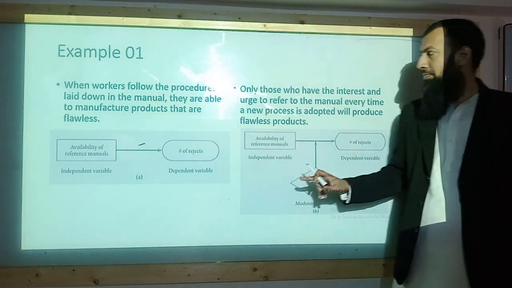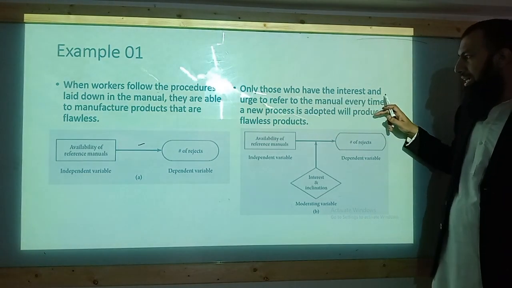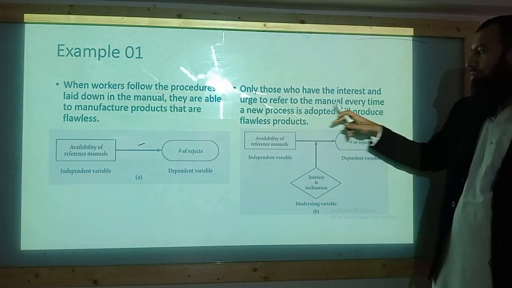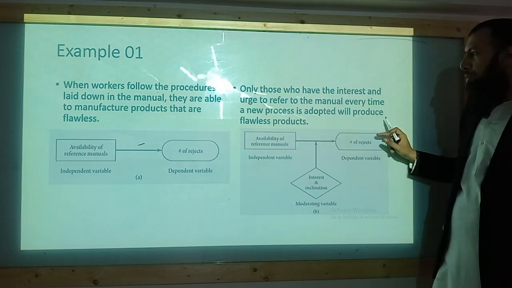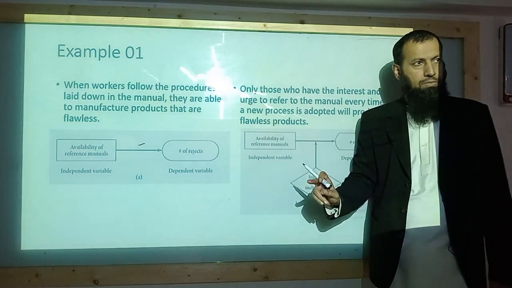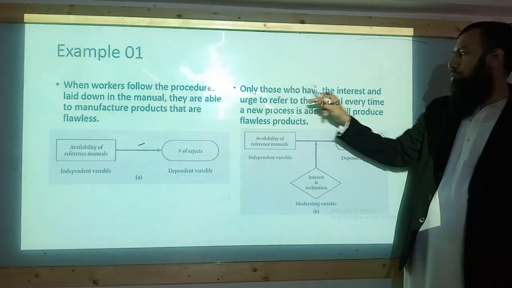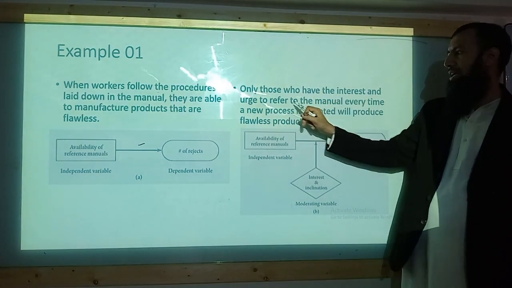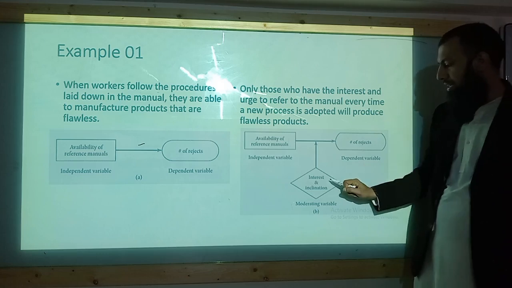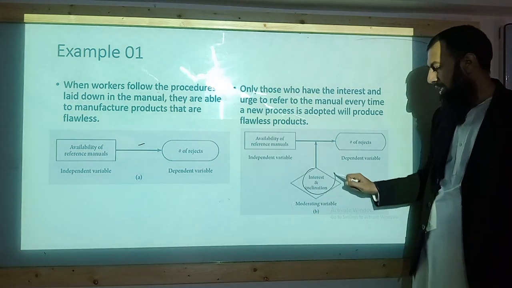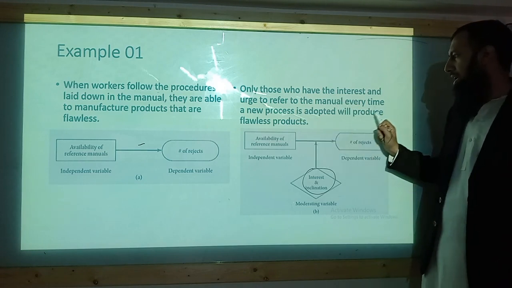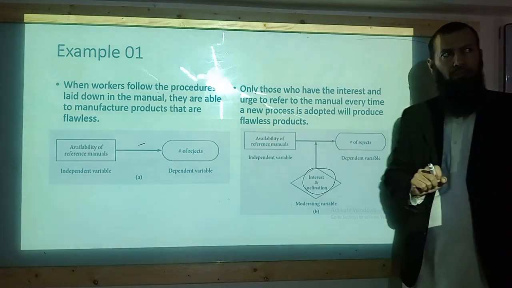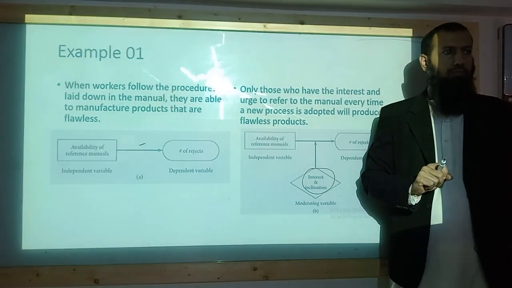Your point. Only those who have the interest and urge to refer to the manual every time a new process is adopted will produce flawless products. Interest and inclination to the manual every time a new process is adopted will produce flawless products. Now the relationship will become positive?